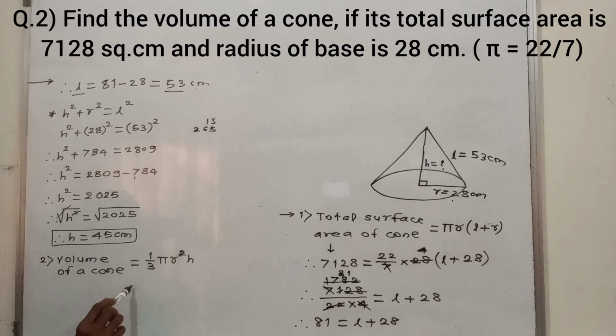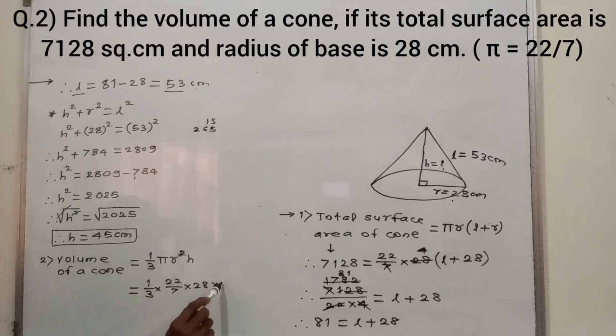Okay, we will substitute values. 1/3 into pi, what is the value of pi? 22/7 into radius 28 into 28 and h 45. 3 5s are 15, then 7 4s are 28.